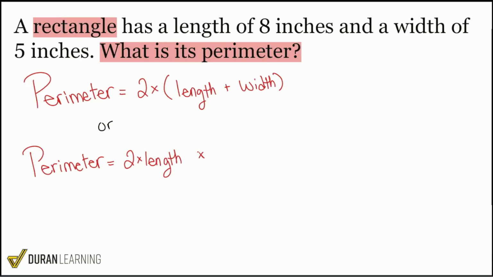But nonetheless, everybody, all we're doing is just adding up all of the sides. So we have 2 of the lengths plus 2 of the widths. That's all that is saying. If you said length times width, that is the formula for area. Got to be careful there. Let's go ahead and get this done.